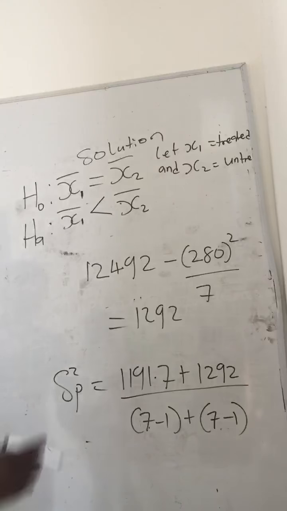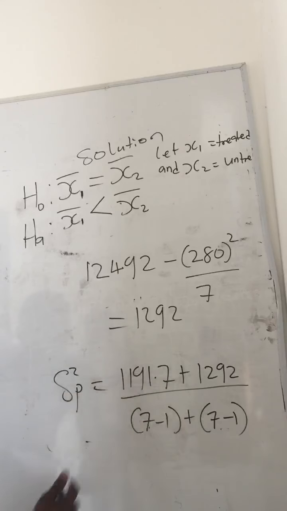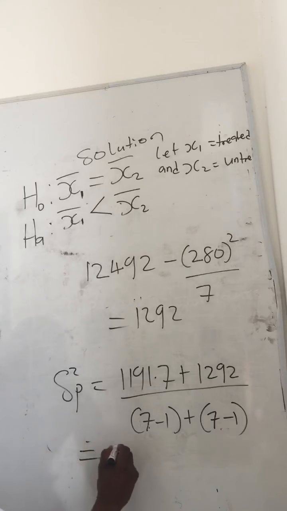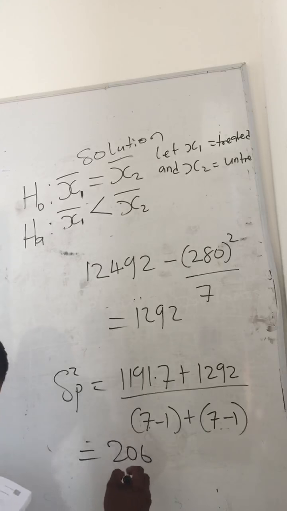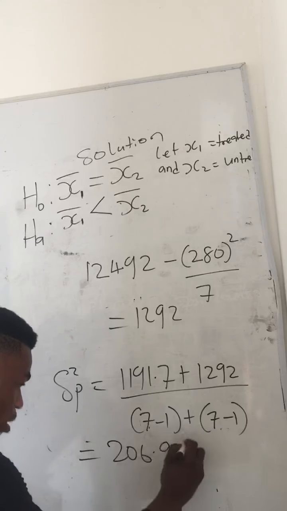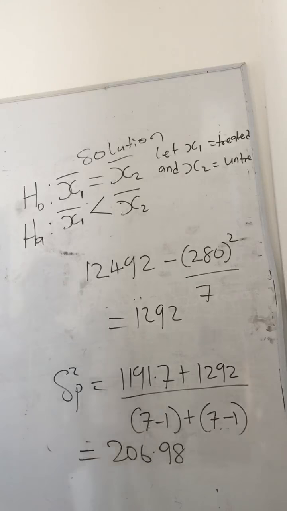Computing this with a calculator, we get 206.98. So that's our pooled variance.